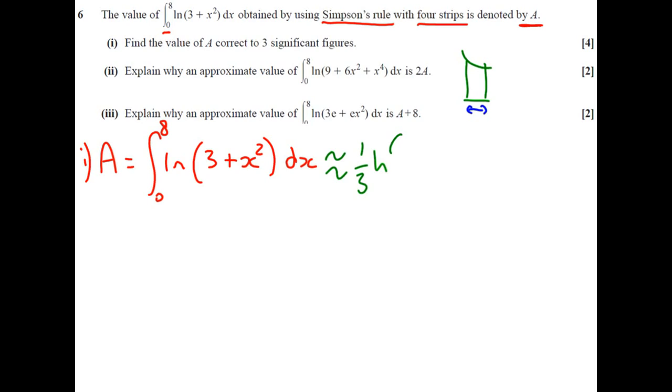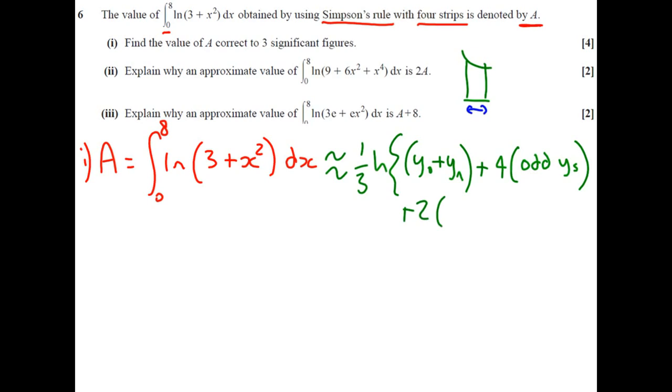And then you times your first y and your last y, plus 4 times your odd y's. I know it says y1 up to yn minus 1, but they're your odd y's. You'll see what I mean in a second. Times 2 times your even y's.